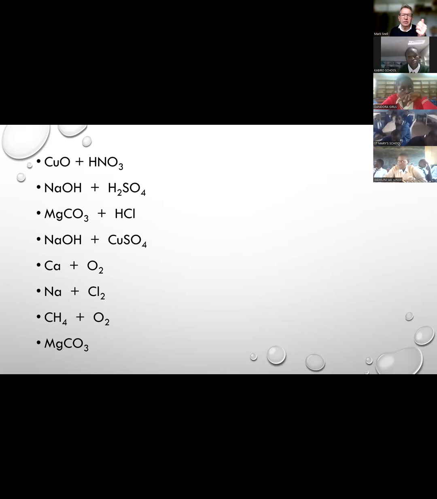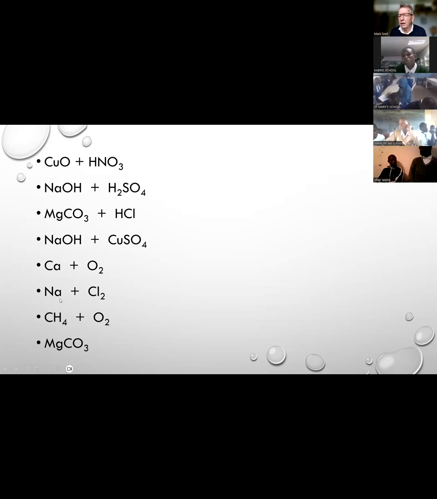Then we had double decomposition, direct combination, decomposition itself just falling to pieces, and combustion. If oxygen is on the left-hand side, it's combustion. If there are just two elements, sodium and chlorine here, that's direct combination. If there's only one chemical, that's decomposition.